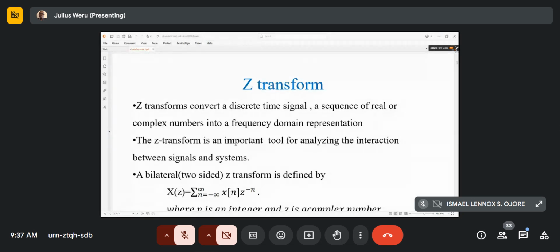That's what DTFT does. It converts a discrete time signal, a sequence of real or complex numbers, into a frequency domain representation. So this one is actually a very important tool, as we are going to see, of analyzing interaction between signals and the systems.